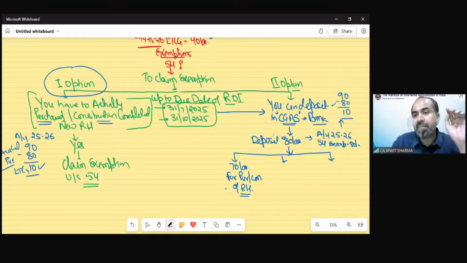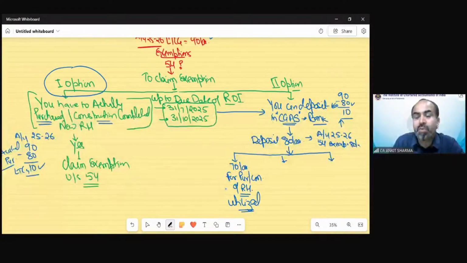No, because we have already given the exemption, assuming that he will utilize 80 lakh for the purpose of residential house purchase or construction. On the basis of this, we have already given him the benefit of 80 lakh, and out of this, he utilized 70 lakh for purchase and construction of a residential house. So we are not going to do any treatment of this value.